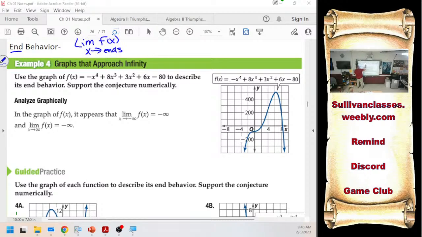Now I'm going to say ends of domain because the ends of the domain aren't always plus or minus infinity. So that's why I'm saying ends of domain instead. Equals what? As my graph goes all the way to the right, what is my y doing? As my graph goes all the way to the left, what is my y doing?